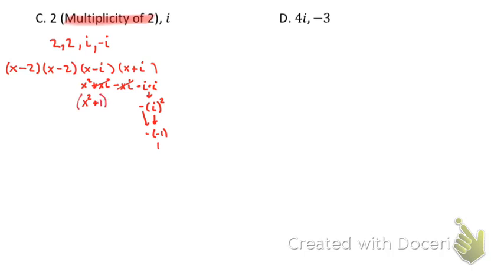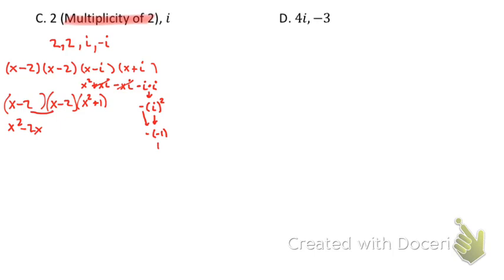Now we're going to multiply x minus 2 by x minus 2. Let's do this quickly. x times x is x squared. x times negative 2 is negative 2x.